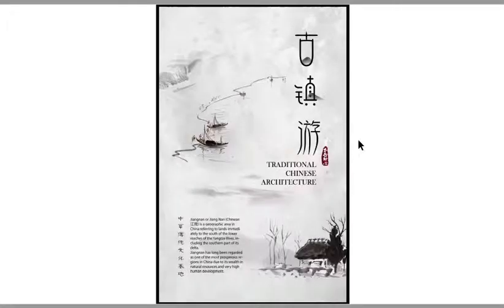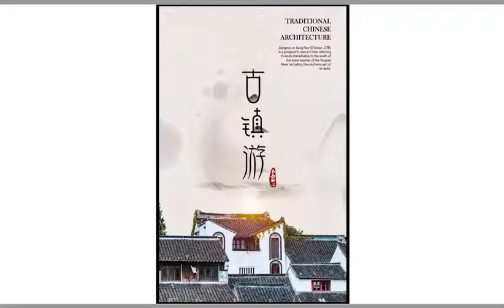The next one is a real traditional building. This photo shows the building. Nobody lives in this house because it's really old and has no power or water.